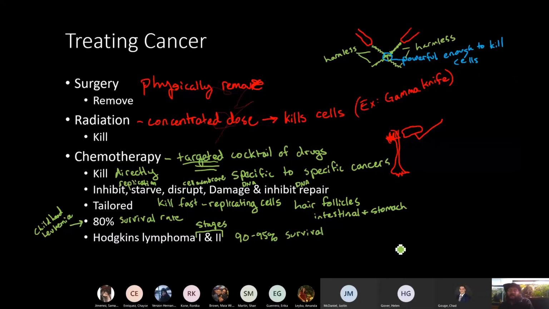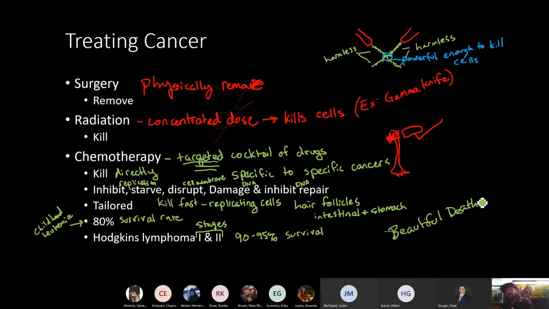But there's this myth people like to think about called the beautiful death, right? Like, oh, I have accepted that cancer will kill me and I've gone off the chemotherapy and I will just live my life to the fullest until I pass from it.